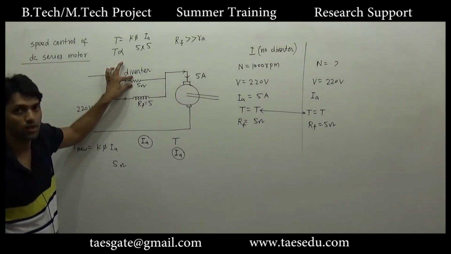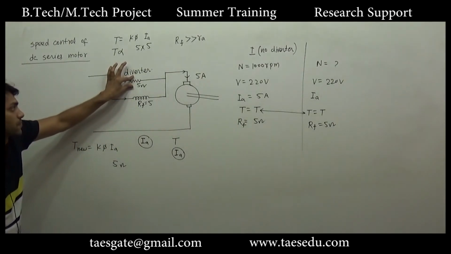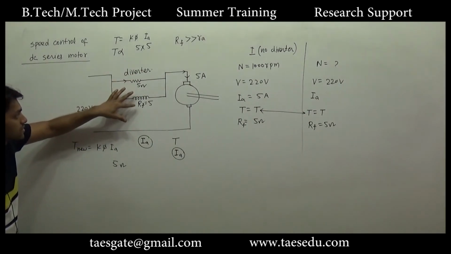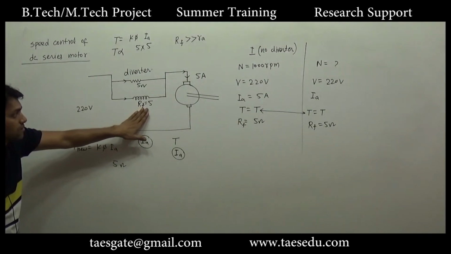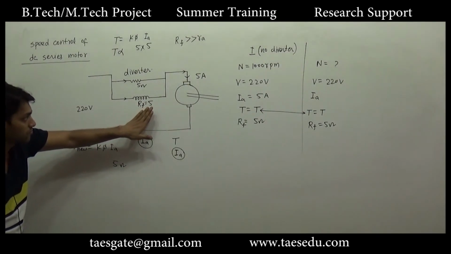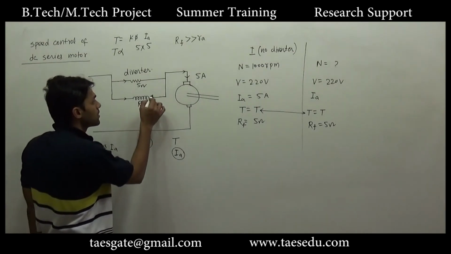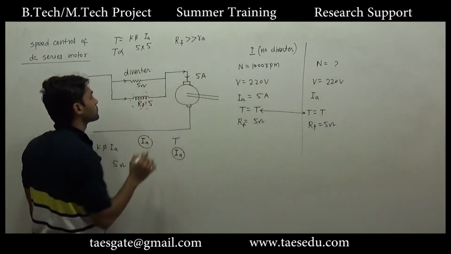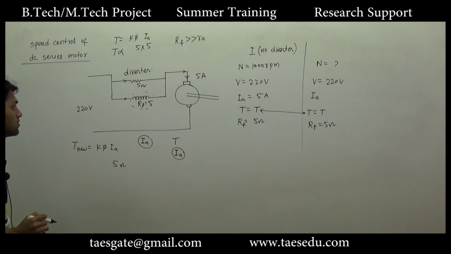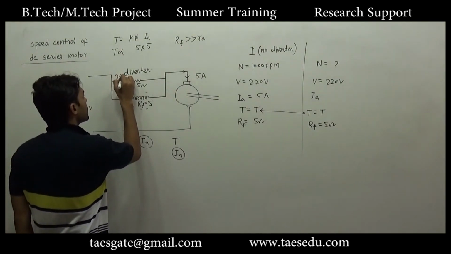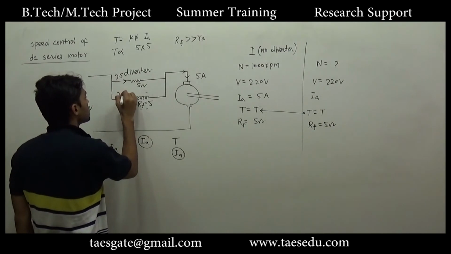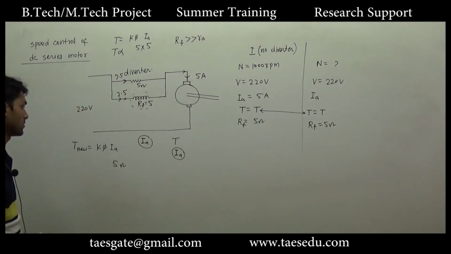Here we don't have a coil, here we have a resistance. Although the resistance of this coil is also 5 ohm, whatever amount of current is flowing through this coil gives the flux. So if we have 5 ampere here, we will have 2.5 ampere and 2.5 ampere.